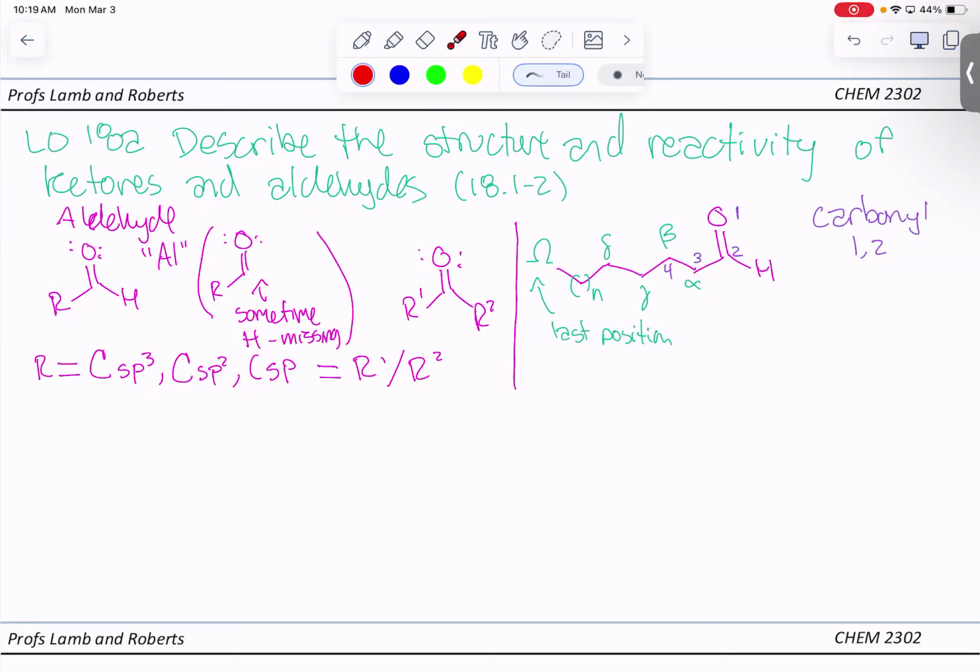Okay, so unlike most functional groups, we don't have a lot of common names, but with aldehydes and ketones, we do. So there are some common names I'd like people to know. This is acetone. Use this to clean your glassware. You've probably seen this before. Probably the most common ketone that we have.